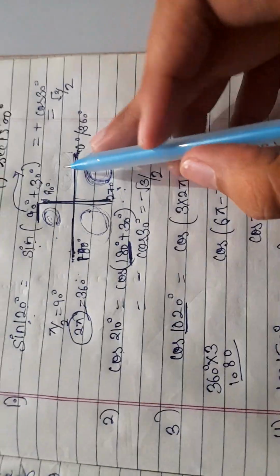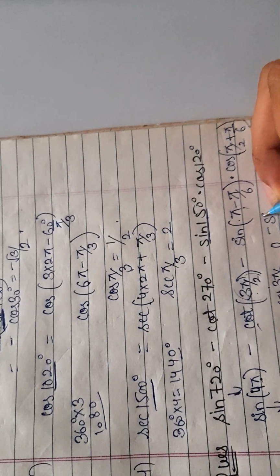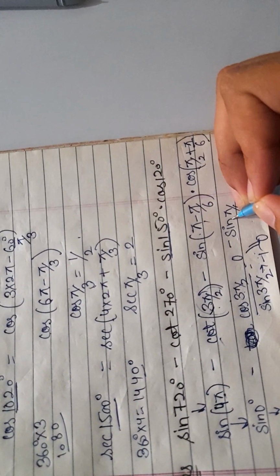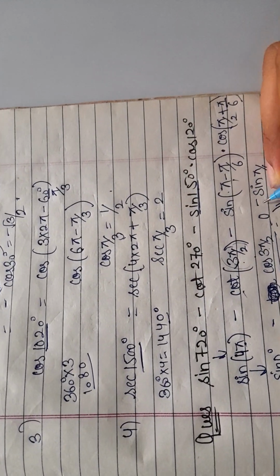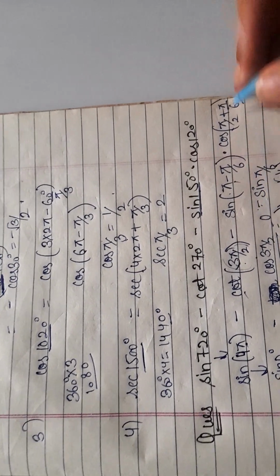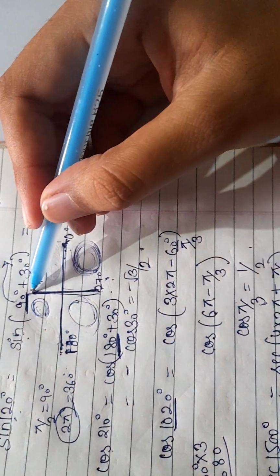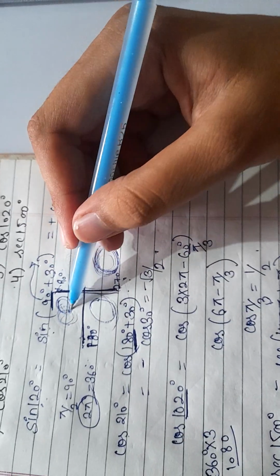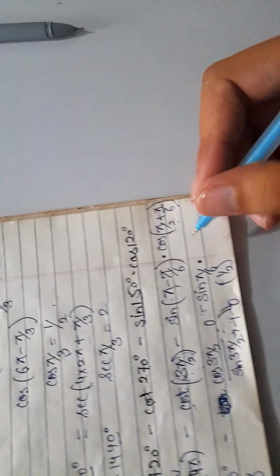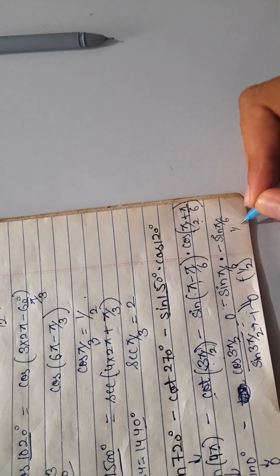See, pi minus, we get in this quadrant, and for pi no change, it will be minus sin pi by 6, and pi by 6 is 30 and is minus 1 by 2, means 1 by 2 here negative, into cos of pi by 2, means pi by 2 we have to change, it will be in sin, and adding pi by 6, means in this quadrant cos is negative, so minus sin pi by 6, and pi by 6 is 1 by 2.